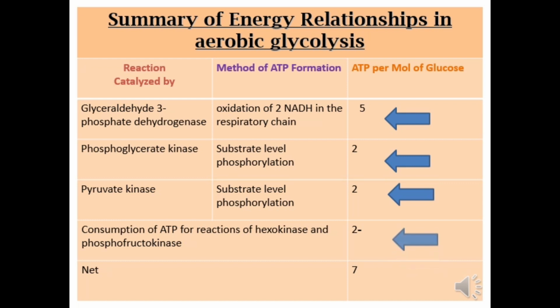There is consumption of 2 molecules of ATP in reaction 1 and reaction 3. So the total is 5 plus 2, 7 plus 2, 9 minus 2 equals 7.